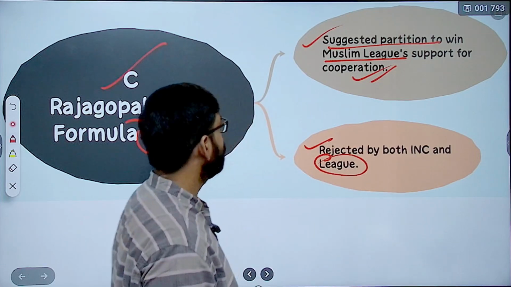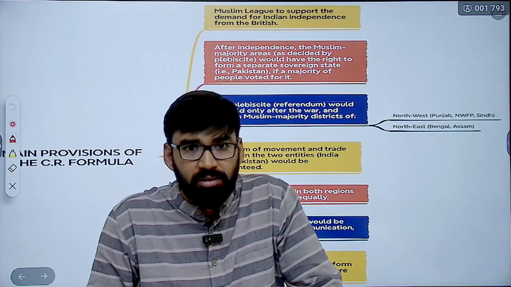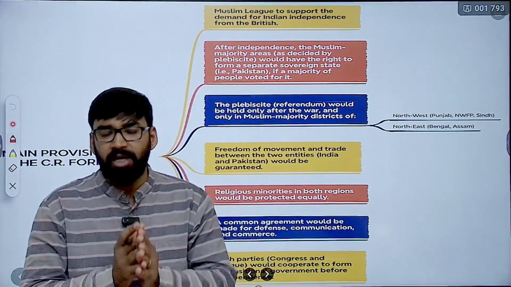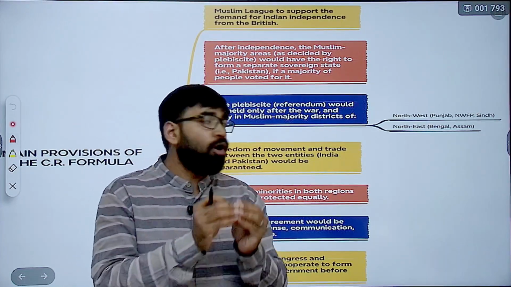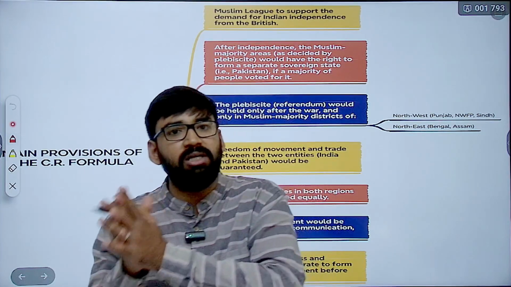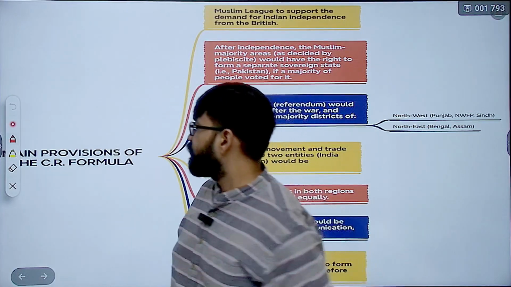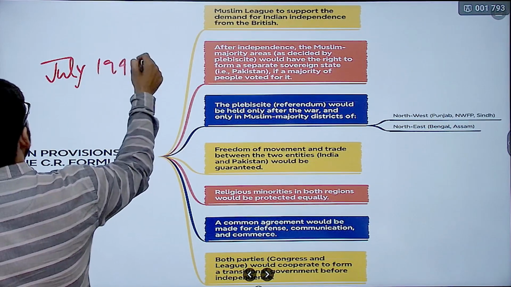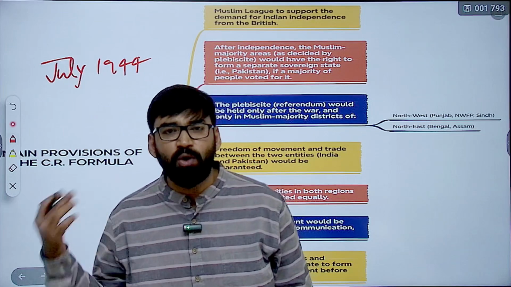So what is it? First of all, what is the C. Rajagopalachari formula, and what are its main provisions? This formula is also known as the CR formula. It was a compromise proposal made by C. Rajagopalachari, also called Rajaji. This formula was made in July 1944 after Gandhiji's release. Why was this formula created?